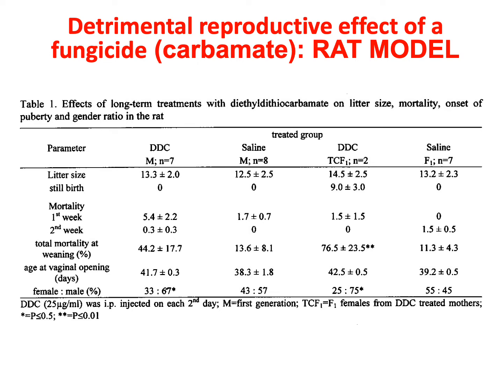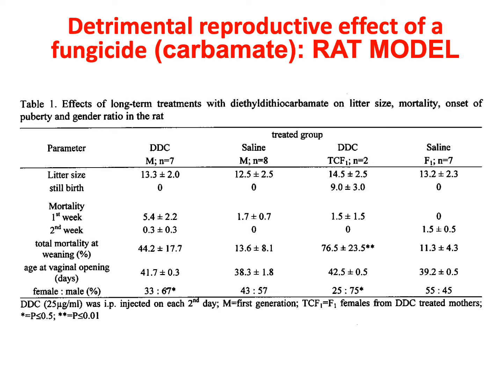The age at vaginal opening, or the puberty onset, is later, by 3 days, and even more dramatic is the fall of the females, and the ratio of female to males is 1 to 3 instead of 1 to 1 or a little bit more female than males.